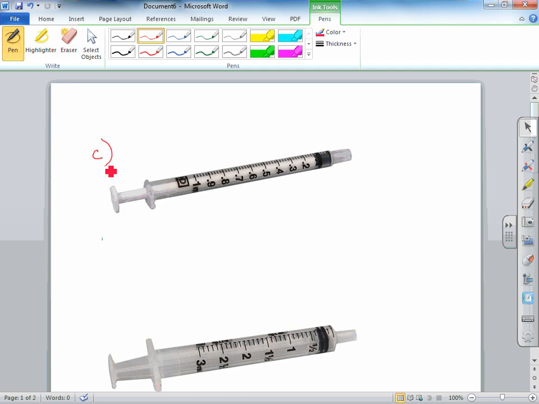Well, if you calculated that dose to be 1 milliliter, you must use a syringe that's going to take up that volume, but you don't want to use a syringe over that volume. So again, your syringes for injections come in 1 milliliter, 3 milliliter, 5 milliliter, and 10 milliliter. Well, because my dose is 1 milliliter, then I'm going to choose the 1 milliliter syringe. I'm going to draw my line at 1 milliliter and shade above the line.